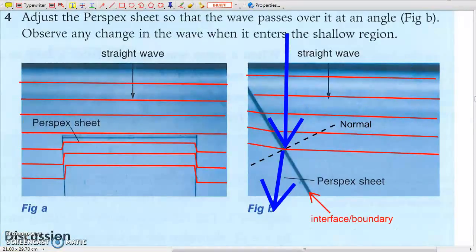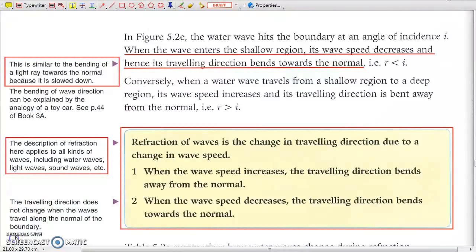Eventually, a wave bends towards normal when it travels from a faster to a slower region. Similarly, we may also explain why a wave bends away from normal when it travels from a slower to a faster region.